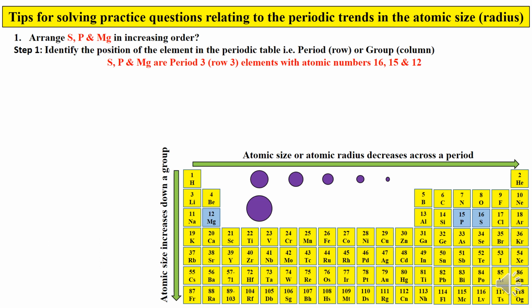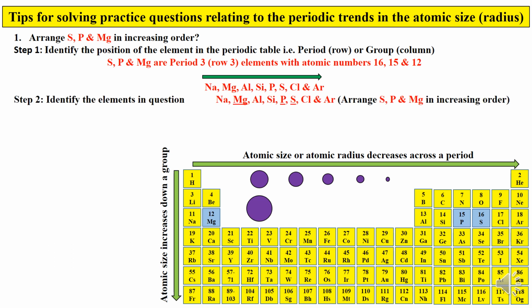When you observe the periodic table, these are the period 3 elements. You can observe the row 3, they are period 3 elements. So I can write down all the elements and then follow the trend. The trend is the size of the atom decreases as you move from left to right of the periodic table.